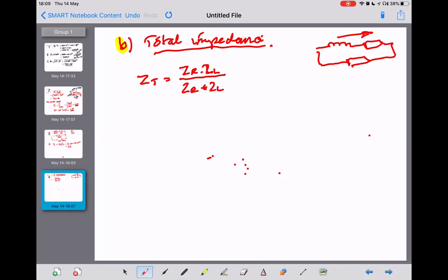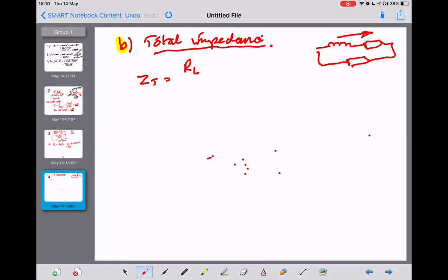Even in my notation I've not been consistent, because the top line has got to go ZRL, because that's the resistance of the inductor, and ZL, the reactance of the inductor. Let's do this a bit differently.